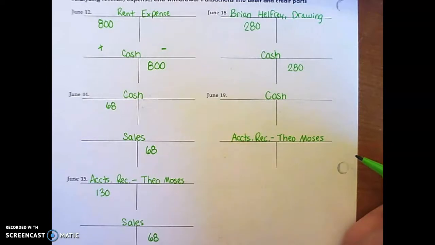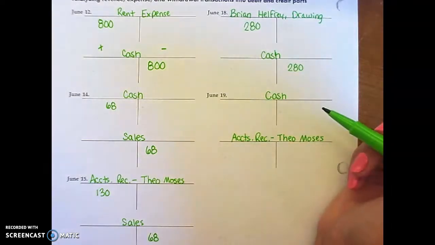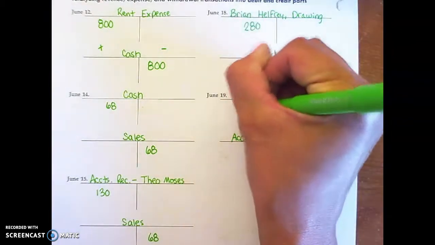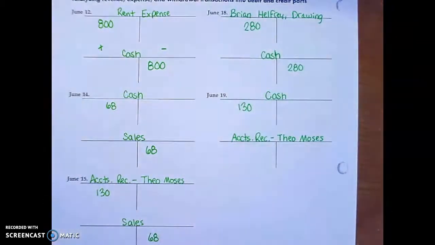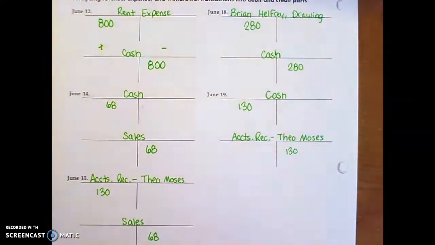That would be incorrect. So we received cash, so cash is increasing with a debit of $130. And accounts receivable, this is also an asset, same as cash. The amount that Theo Moses owes us is decreasing. Assets decrease with a credit, so we will record that as a $130 credit.